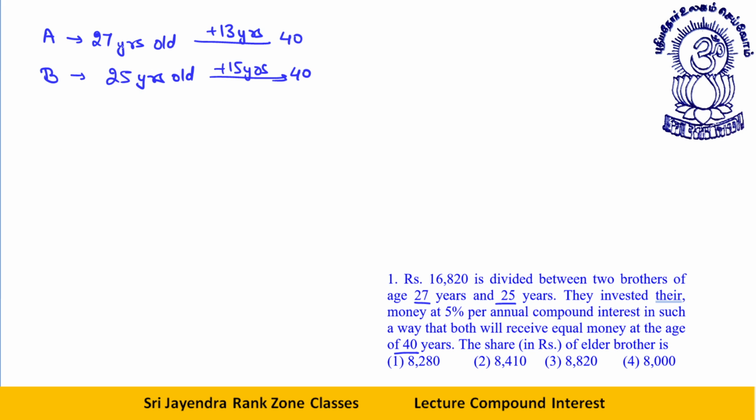A will attain the age of 40 years after 13 years. Let's say this rupees 1680 is divided between A and B, and their sum is 1680. Now they both will receive an equal amount at the age of 40 years.